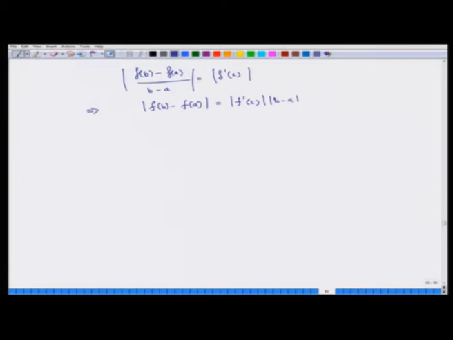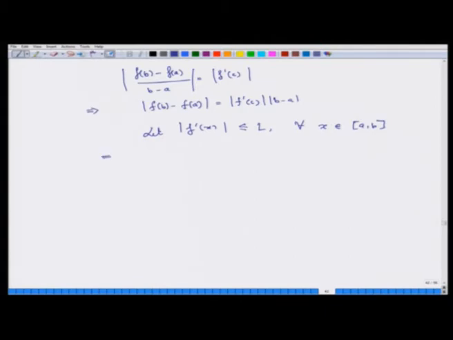But because f dash x is bounded, the absolute value also must be bounded, it cannot blow up. So, the absolute value also has some maximum value. Let mod of f dash x be less than equal to some capital L for all x in a b.